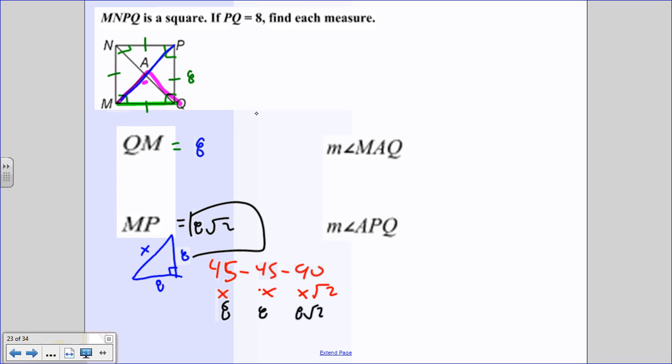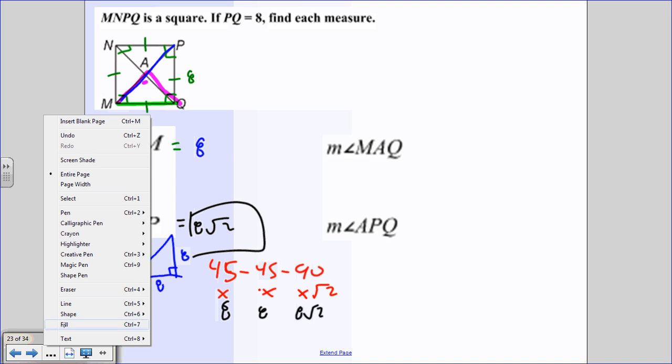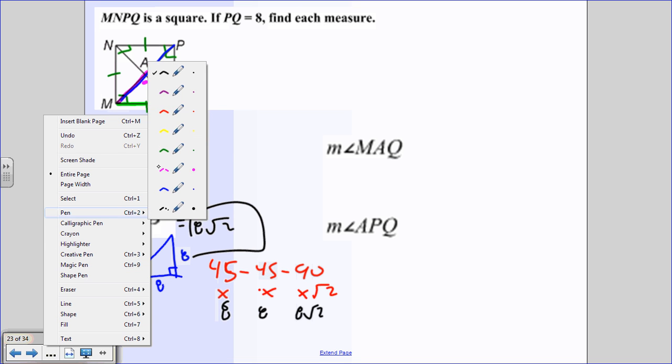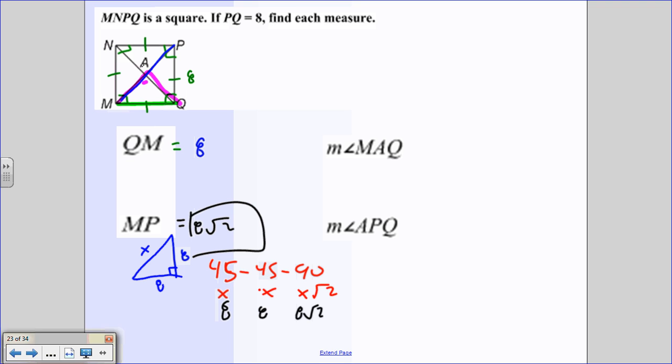Again, it's an isosceles triangle where you know the bottom two corners are 45, and you also know that on a rhombus the diagonals are perpendicular, so there should be a 90-degree angle here, and if there's a 90-degree angle there, there's one here. So the angle we're looking for is one of the 90-degree angles.